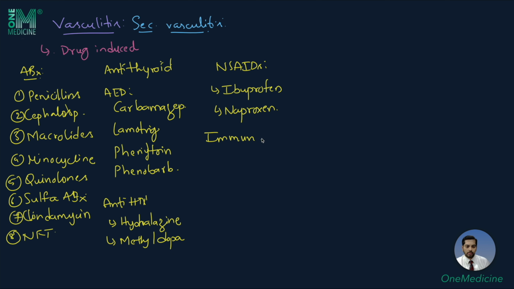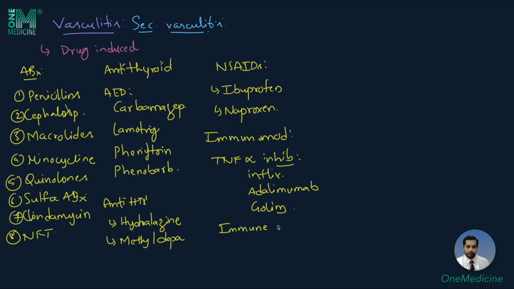Immunomodulating agents including TNF alpha inhibitors such as infliximab, adalimumab, golimumab. Immune checkpoint inhibitors, granulocyte colony stimulating factor agonists such as filgrastim. Filgrastim is particularly associated with aortitis.